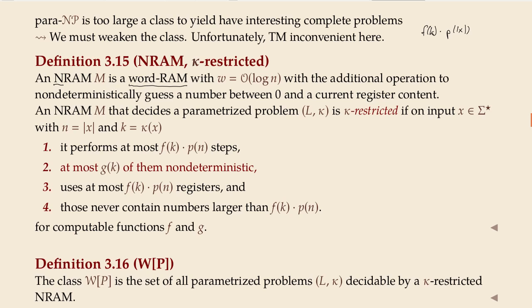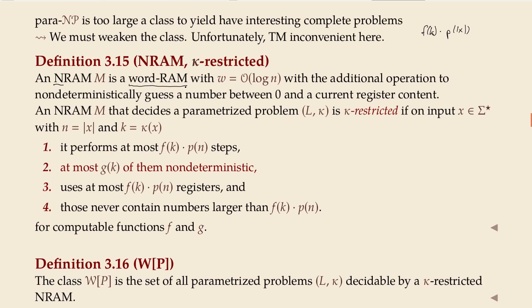For these RAMs, it's not as natural, maybe, because they usually have go-to statements that jump to a certain instruction in the program. So you have a program counter that contains the line of the instruction that you're executing, and you can change this counter.